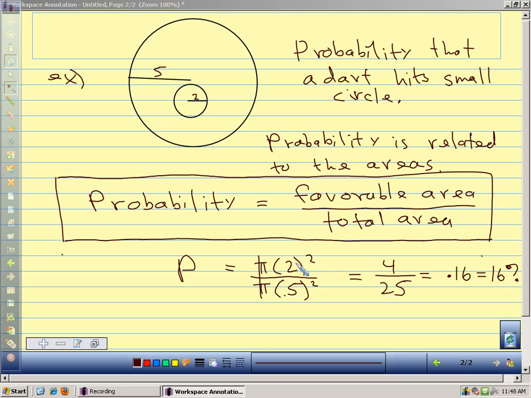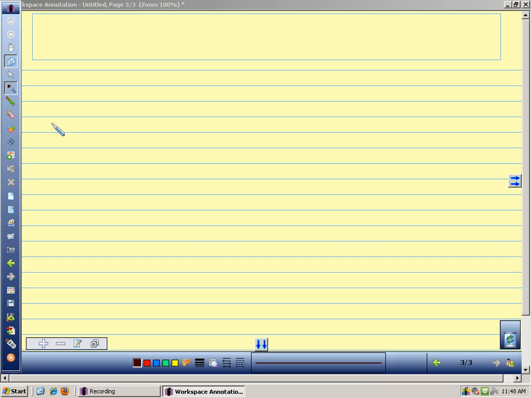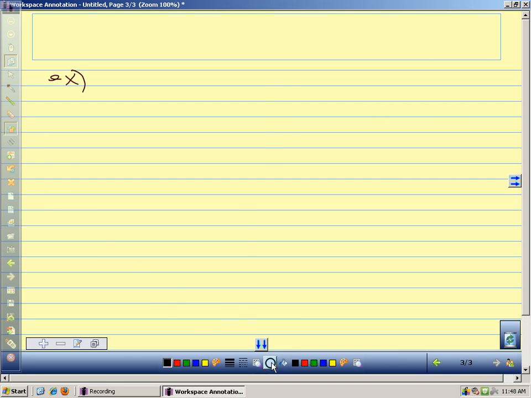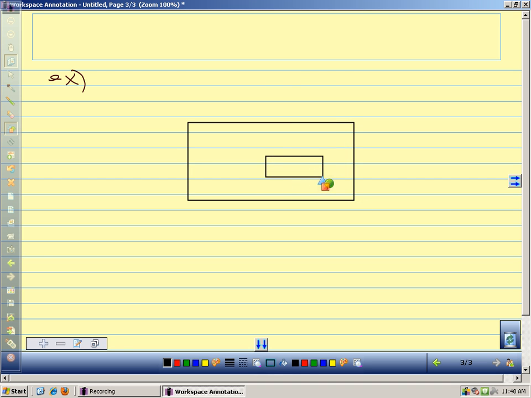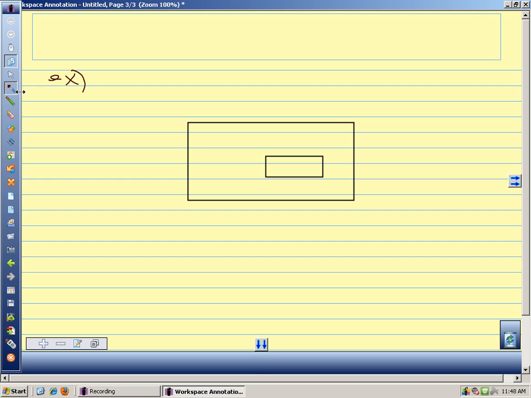So let's look at one more example, and then we'll be done for today. So this time we have rectangles. And we want the probability that a dart hits a small rectangle.